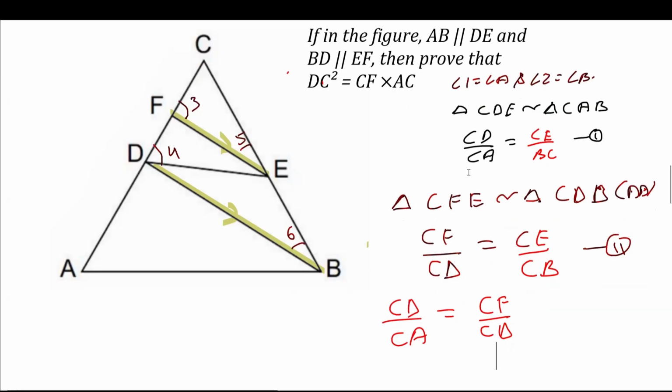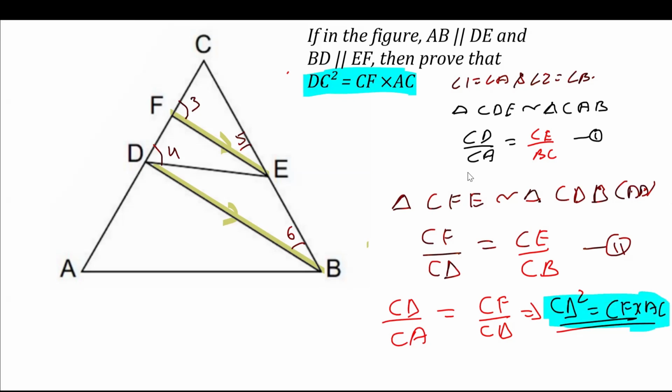Now, if I do cross multiplication here, CD multiplied by CD is CD square, and this side it is CF into AC. So this is what we needed to prove. We got it. That is DC square is equal to CF into AC.